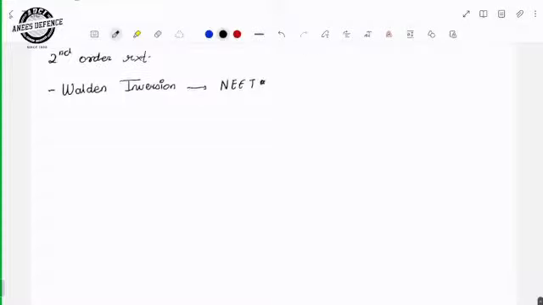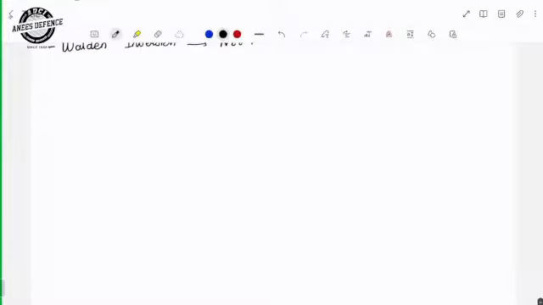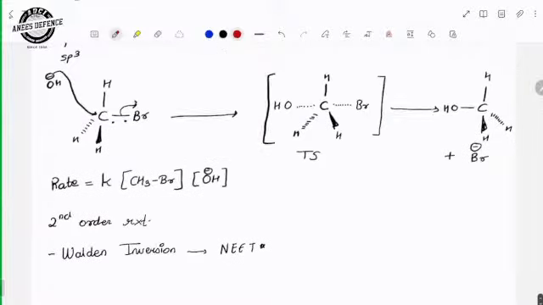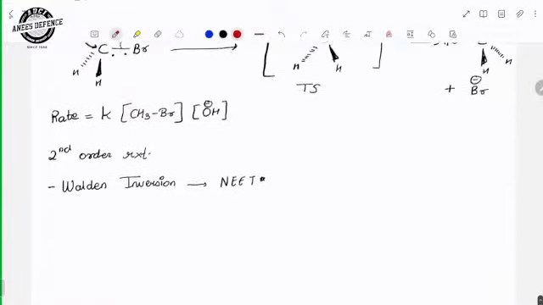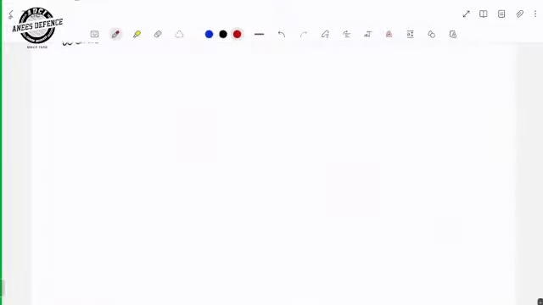Fine. Now let us talk about the SN1 mechanism. SN1 reaction. Okay. SN1 is also quite simple.